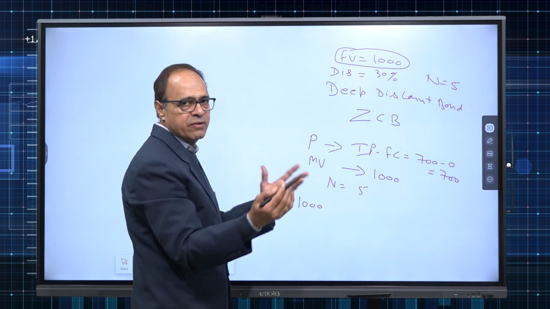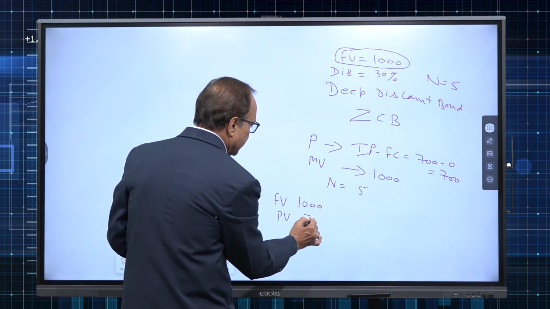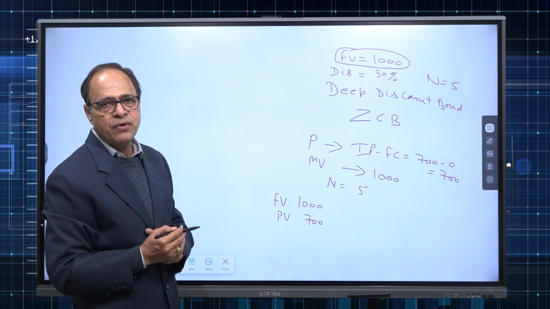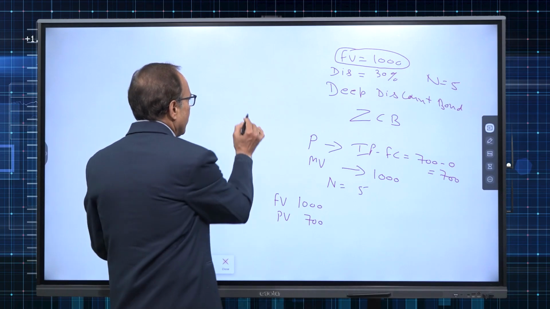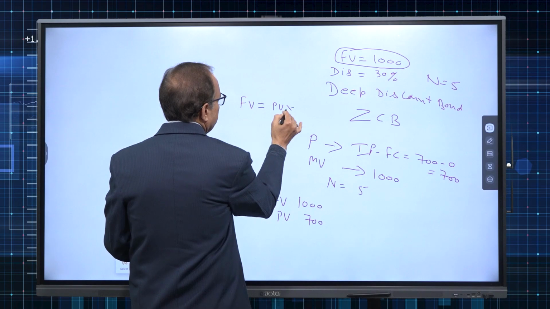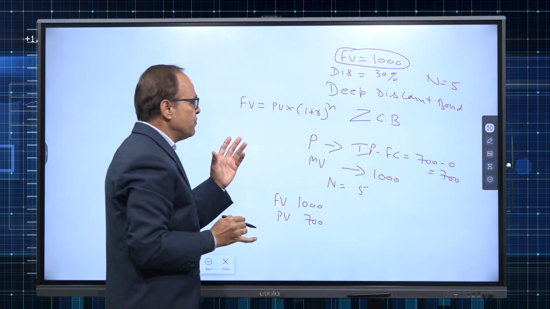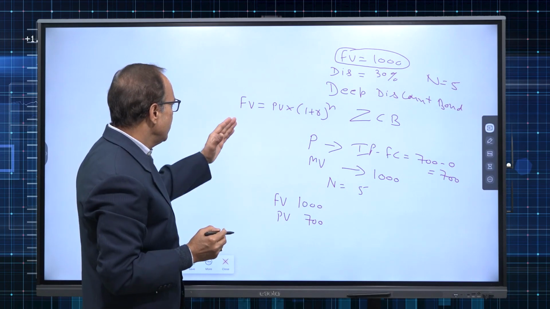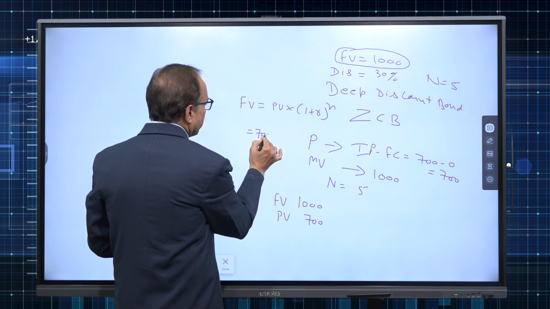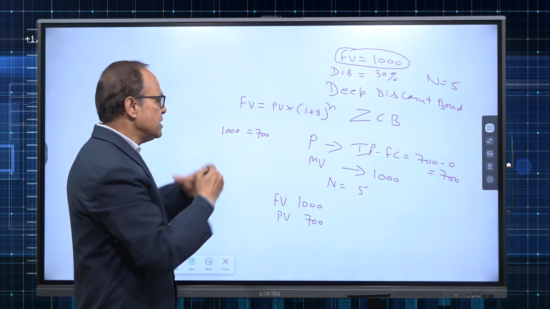If you calculate from the investor angle, what is the present value the investor is sacrificing? 700 over a period of 5 years. So if you remember, future value of lump sum amount, FV is equal to PV multiplied with 1 plus R raised to the power of N. It means the investor is investing 700 today and he will get back 1000 after 5 years. That is sure. And the same is applicable for the company.